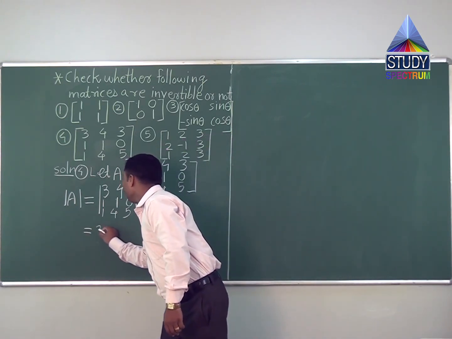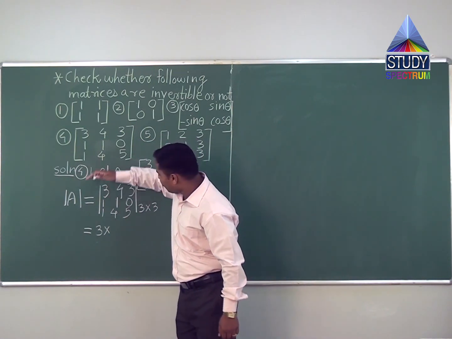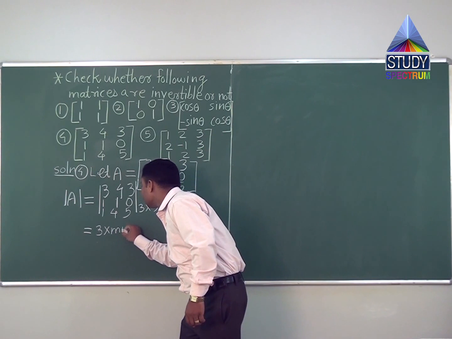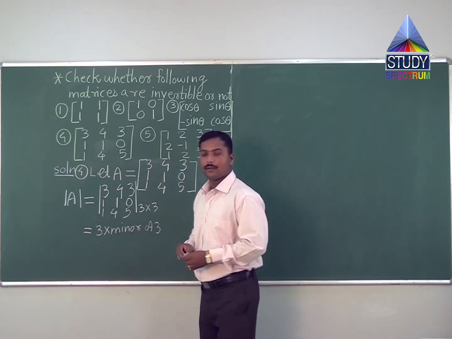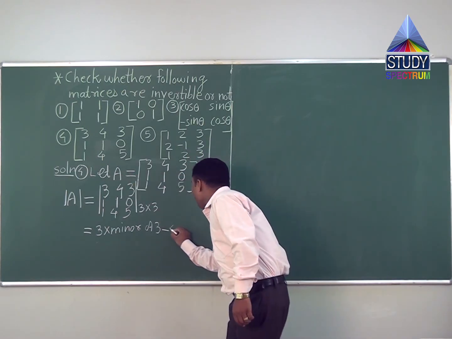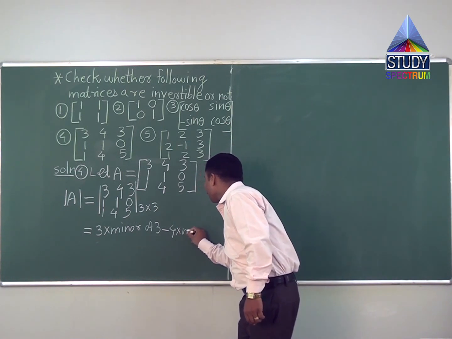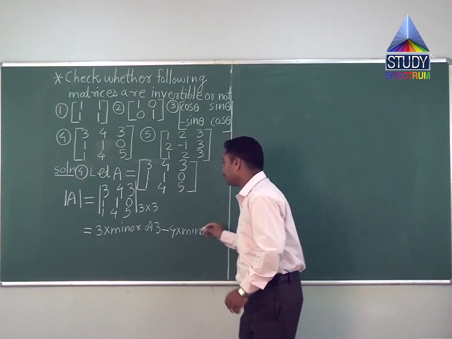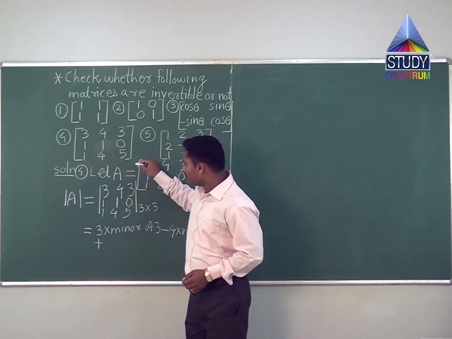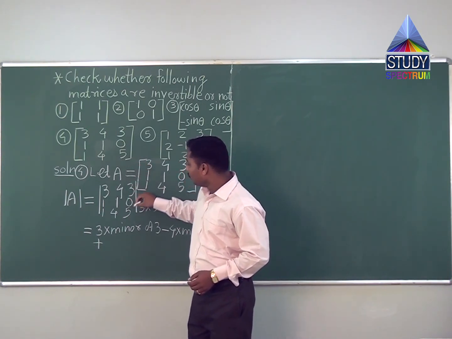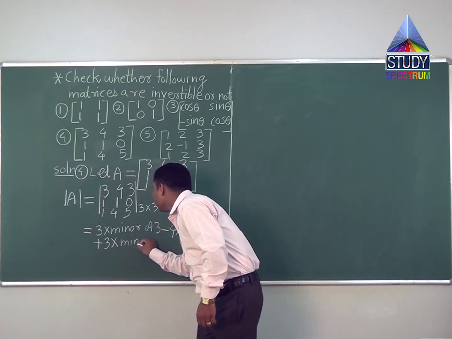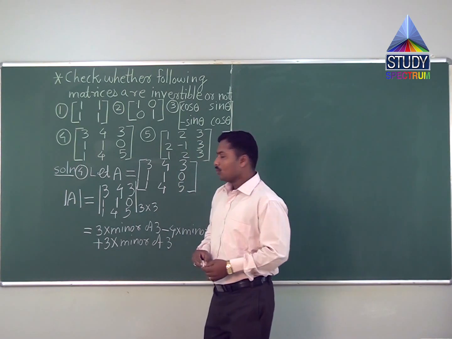So equal to 3 into minor of 3, minus the second number of the first row, 4, into minor of 4, and lastly plus 3, the last number of the first row, into minor of 3.